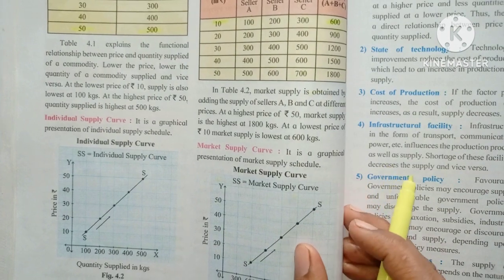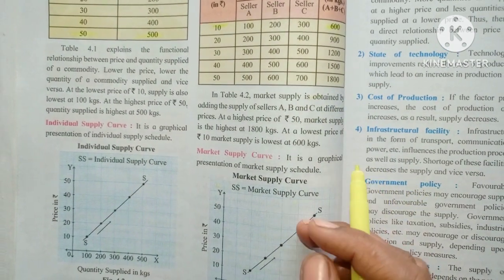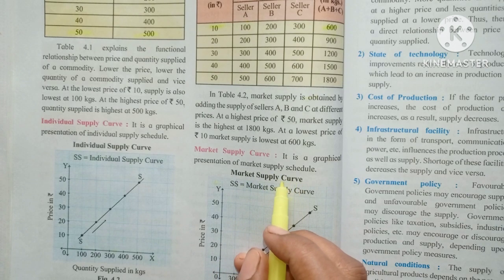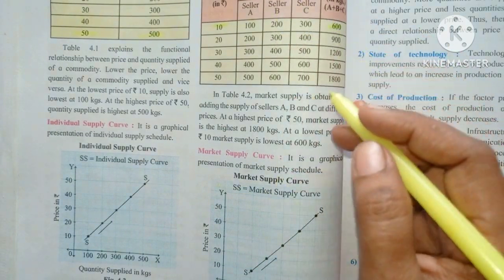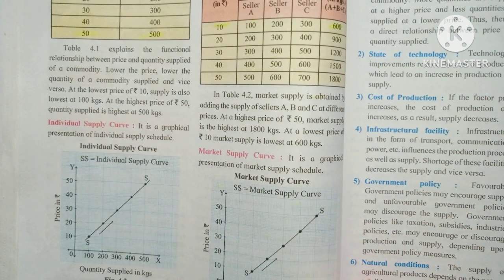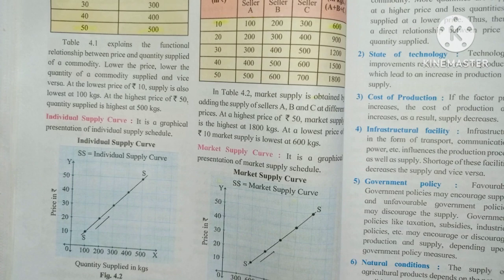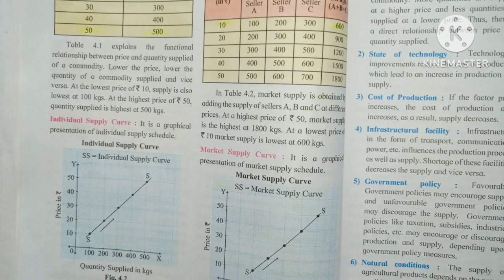Okay, so now the market supply curve. It is a graphical representation of the market supply schedule. Okay, with the help of this table we are going to draw the diagram, and on the x-axis we have the quantity supplied in kgs and on the y-axis we have the price in rupees.